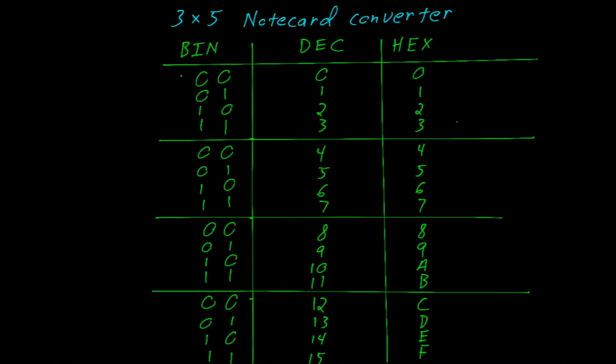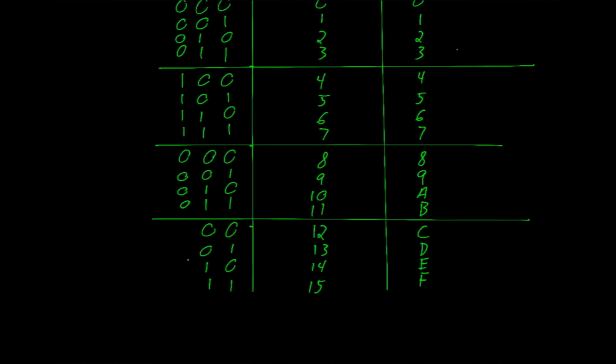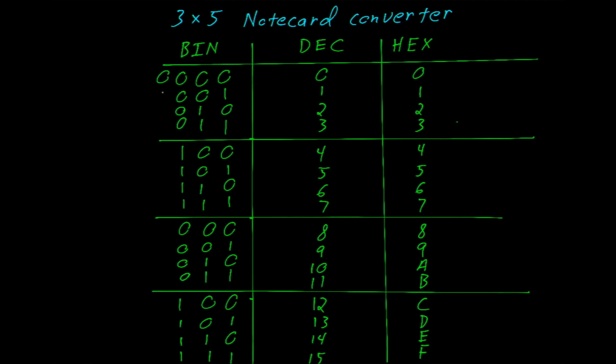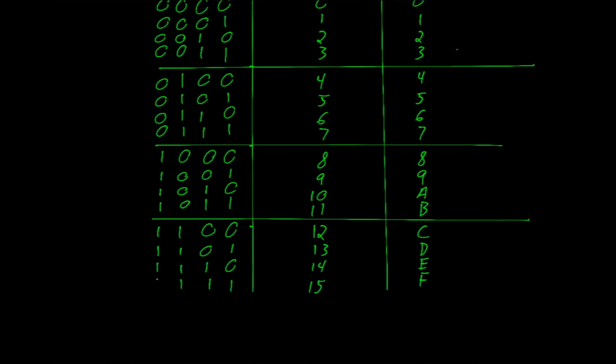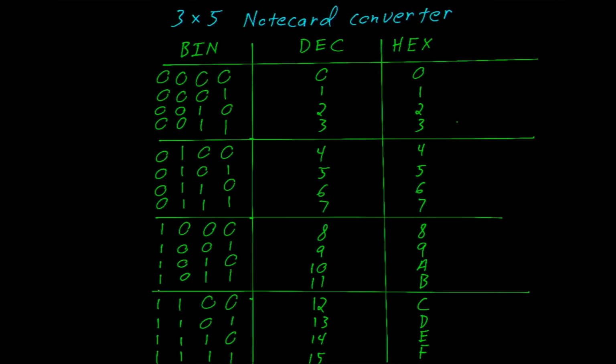Then the pattern is 4 zeros, 4 ones, and finally the eighths column. You're definitely going to want to have this note card converter when you do your exams and quizzes. It comes in extremely handy.